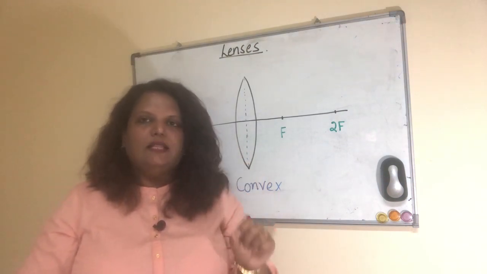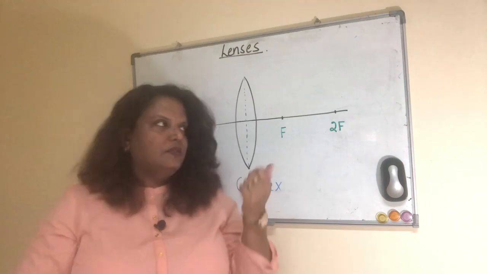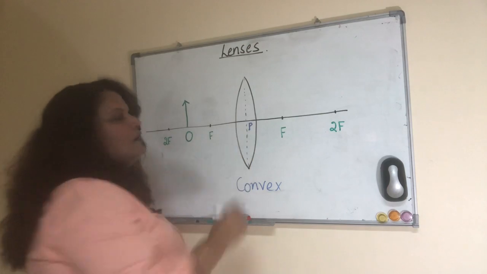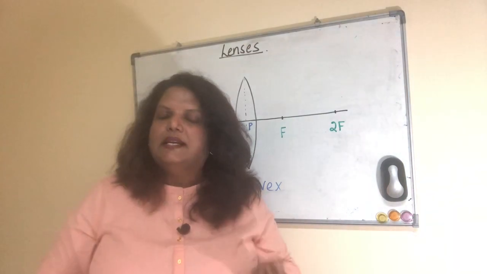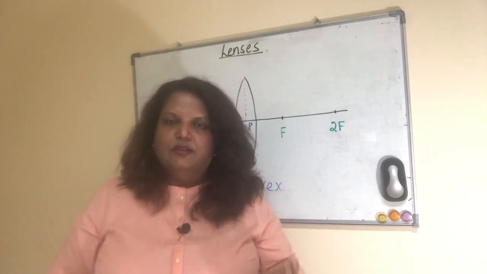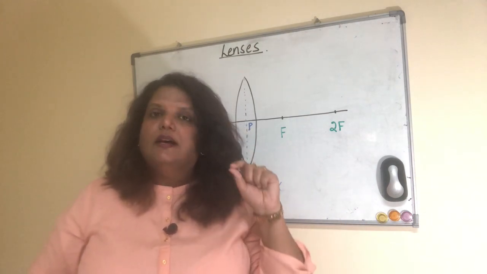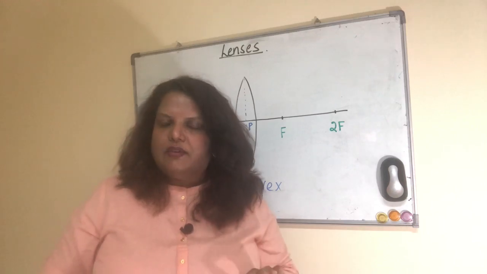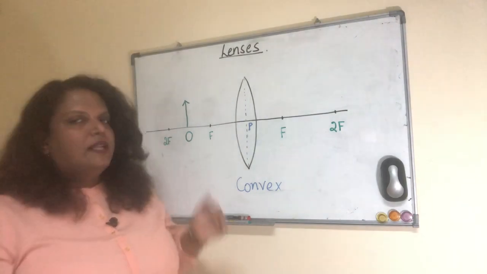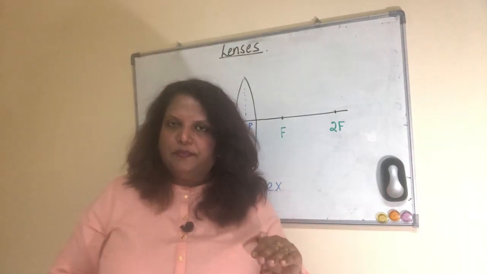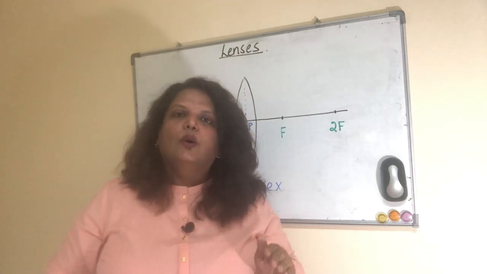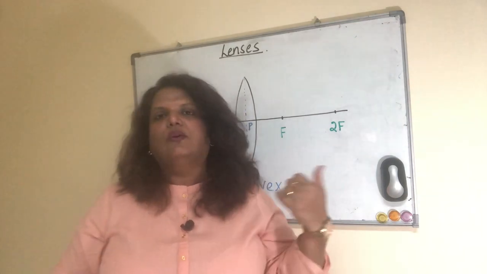For a thin lens, call the optic center P. Through that point P, if any light ray travels, it will not bend or refract. So that's a special property of a lens. Any light ray traveling through the optic center will go straight, right? Now another property of a convex lens is that any parallel ray, I repeat, any parallel ray that hits or passes through the convex lens will pass through the focal point on the other side.